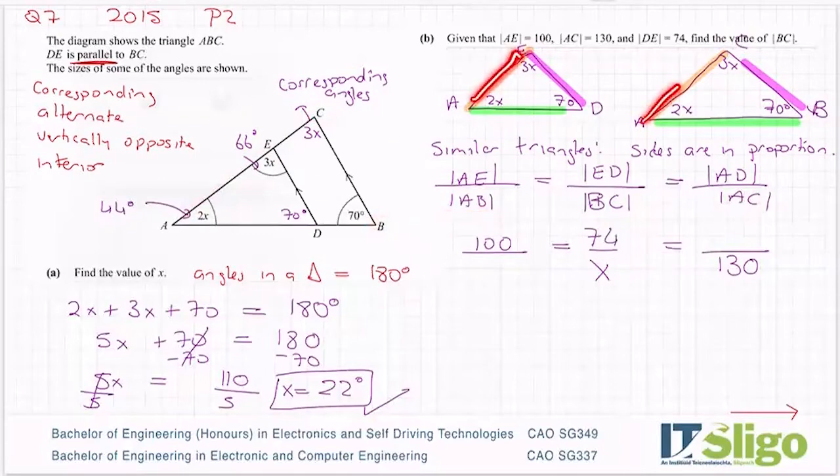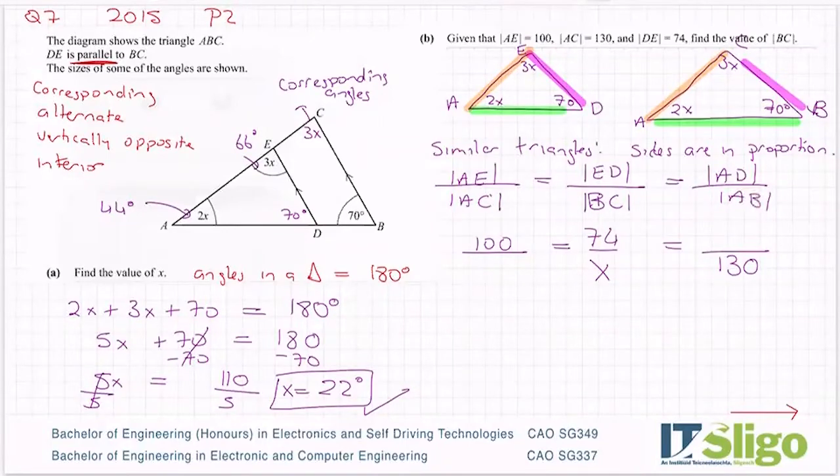I now have AE over AC is equal to ED, that's fine, over BC, is fine, because CB or BC is the same thing, which is equal to AD over AB on the bottom, not AC.